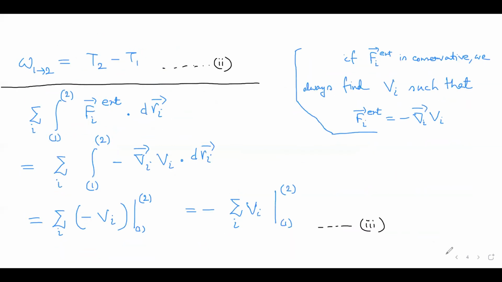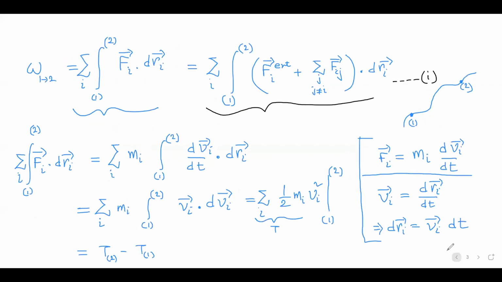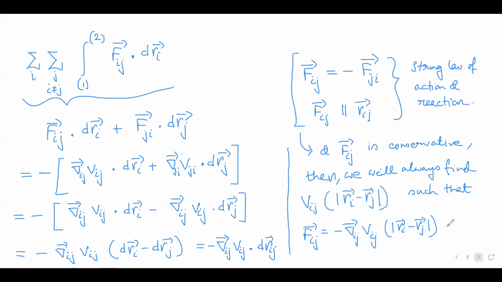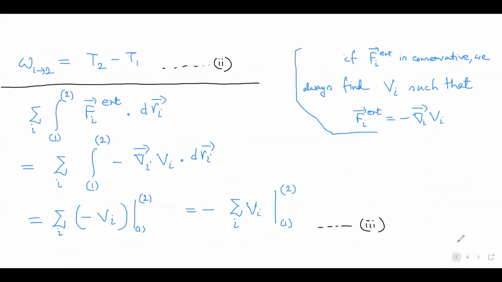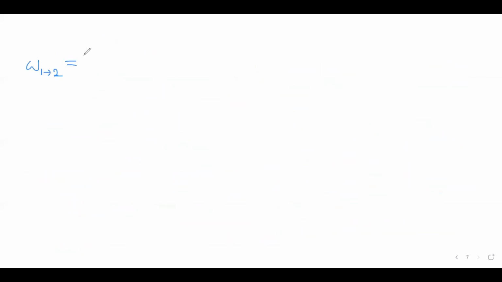So from equation 4, equation 3, and equation 1. From equation 1, the work done W12 from 1 to 2 is T2 minus T1. From equation 2, this is T2 minus T1.